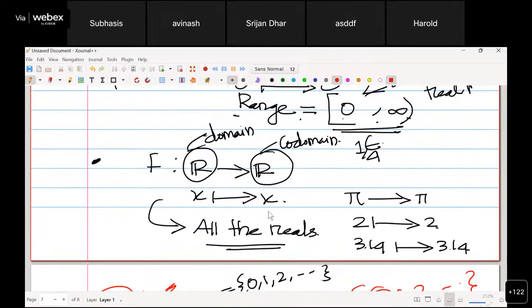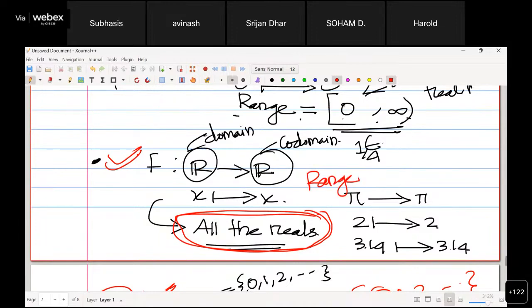What about this one? Let's go back and check whether this is an onto function. Yes, sir. Because as you see, my range is all the reals. So here range is R, and this is also the same as the codomain.